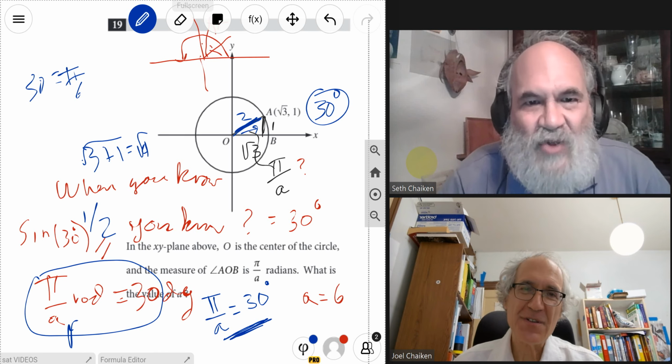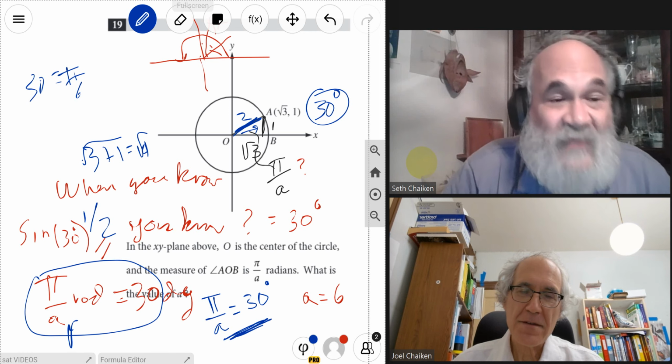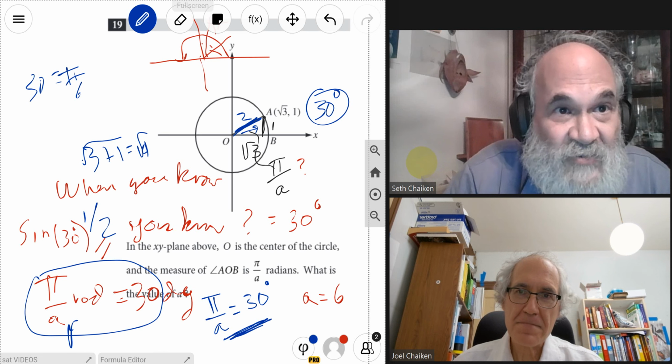Where all this pi stuff comes from goes like this. Here's a circle.